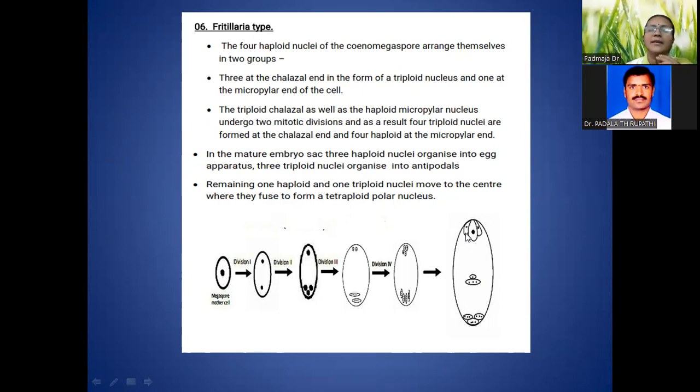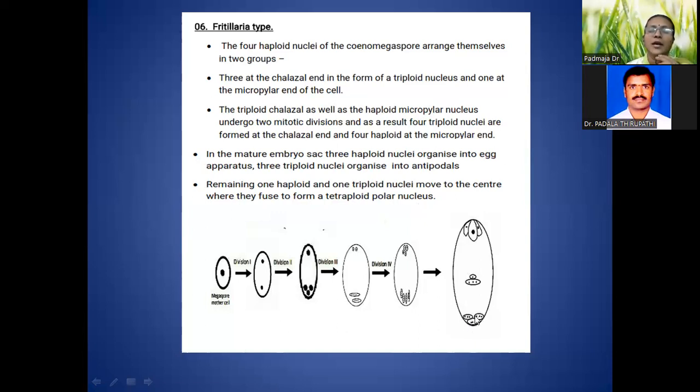And the egg apparatus consisting of egg and the synergids. And at the antipodal, 3 triploids are present here. So the remaining one haploid and one triploid nucleus move to the center, where they fuse to form the tetraploid polar nucleus. Here, what we have to concentrate on in the antipodals is that each one is a triploid one.